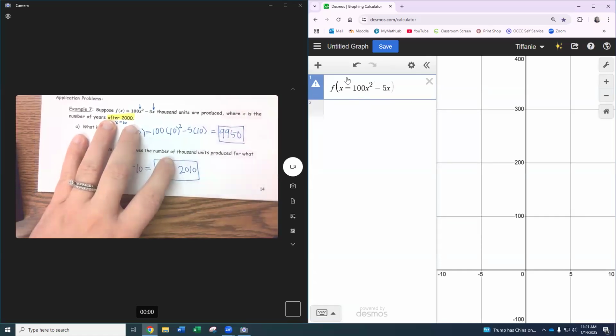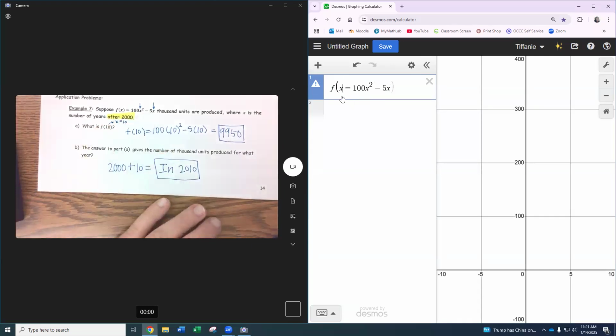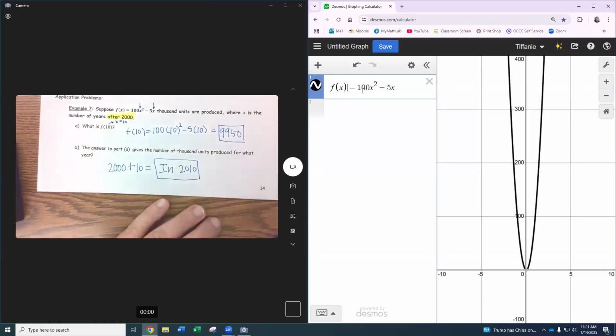And hopefully you are doing this with me and following along. Okay, here's my function.